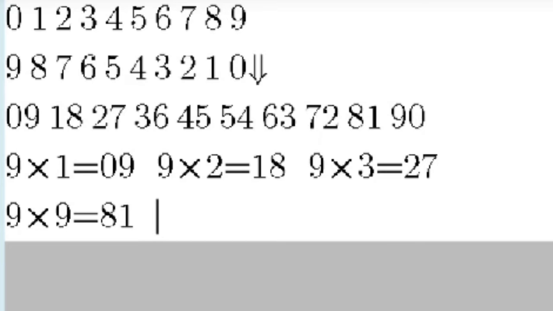And on the third row, I have 0, 9, 1, 8, 2, 7, 3, 6, 4, 5, then 5, 4. So you can say that 9 times 6 is equal to what? 54. So this is just a new method to multiplication table when we are dealing with 9 times.